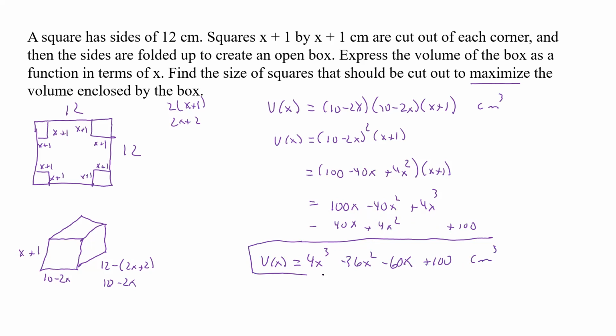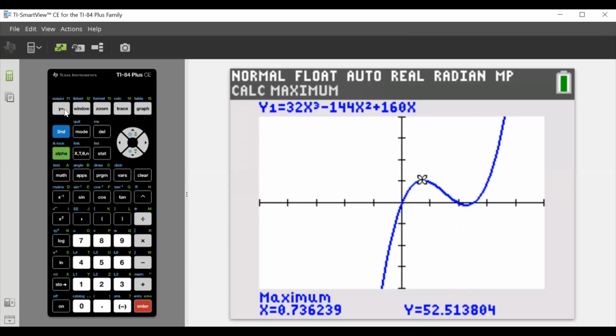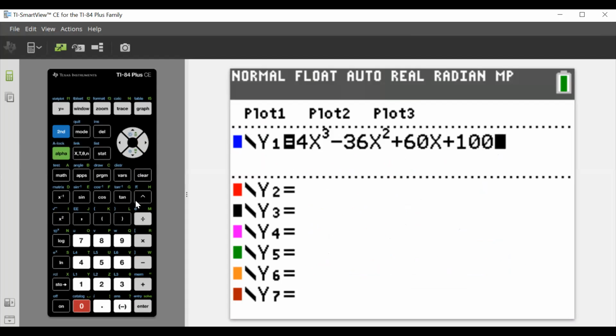And so that would be what we're going to plot in our calculator, because now what we have to do is go to our calculator, type that in and figure out the maximum. So y equals 4x to the third, and then minus 36x squared plus 60x plus 100.